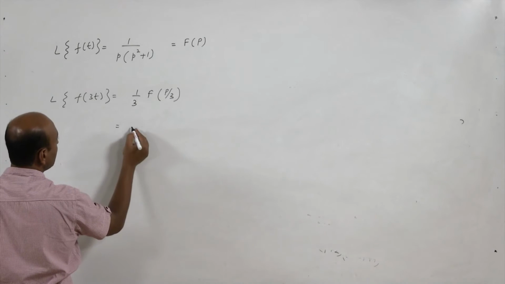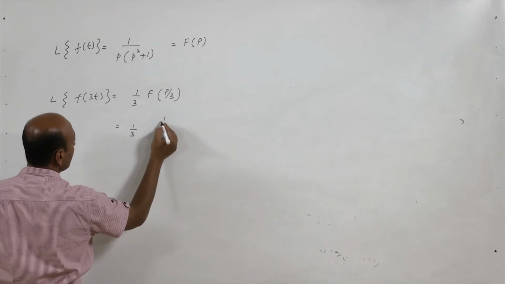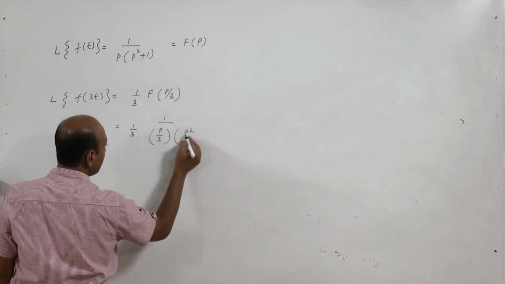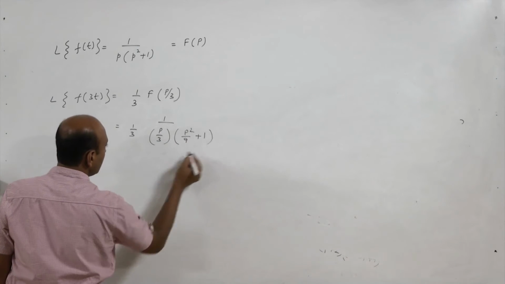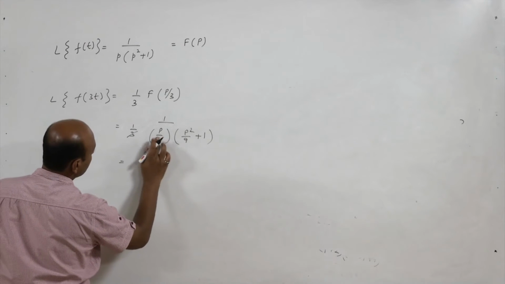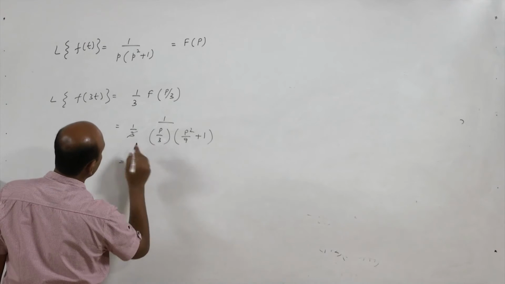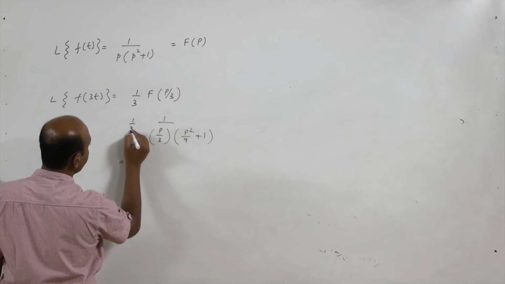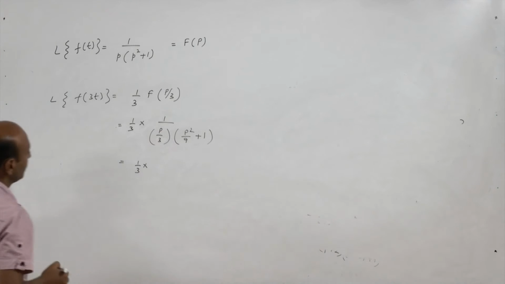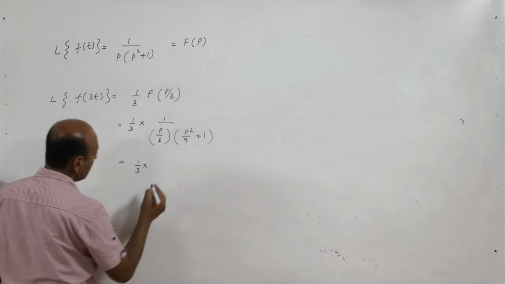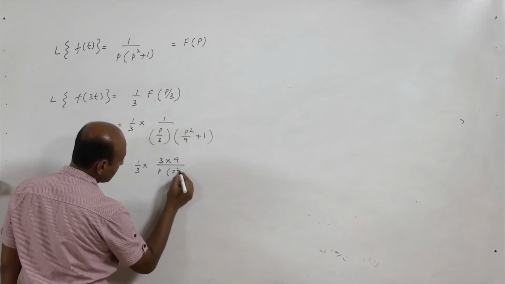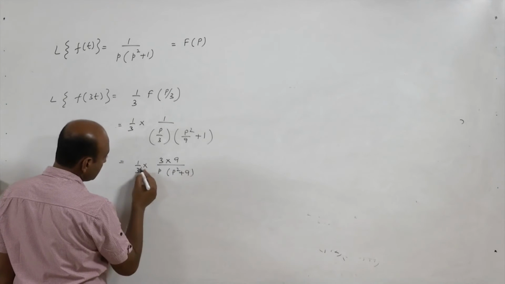So, it is nothing but 1 by 3 into 1 upon (p by 3) into (p square by 9 plus 1). So, that is nothing but, the 3 cancels out, and it becomes 9 upon p into (p square plus 9), and this 3 cancels out.